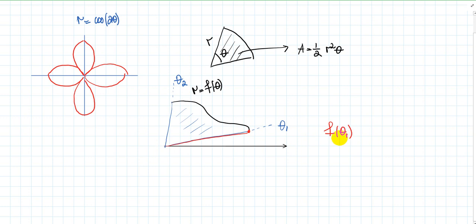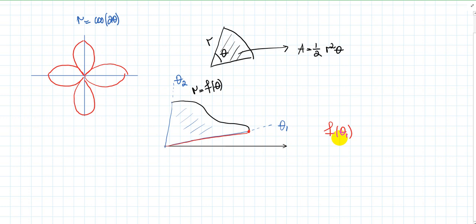If this angle theta 1 is, for example, pi over 5, then to know the distance between this point and the origin, I just need to evaluate this function at this theta, right?